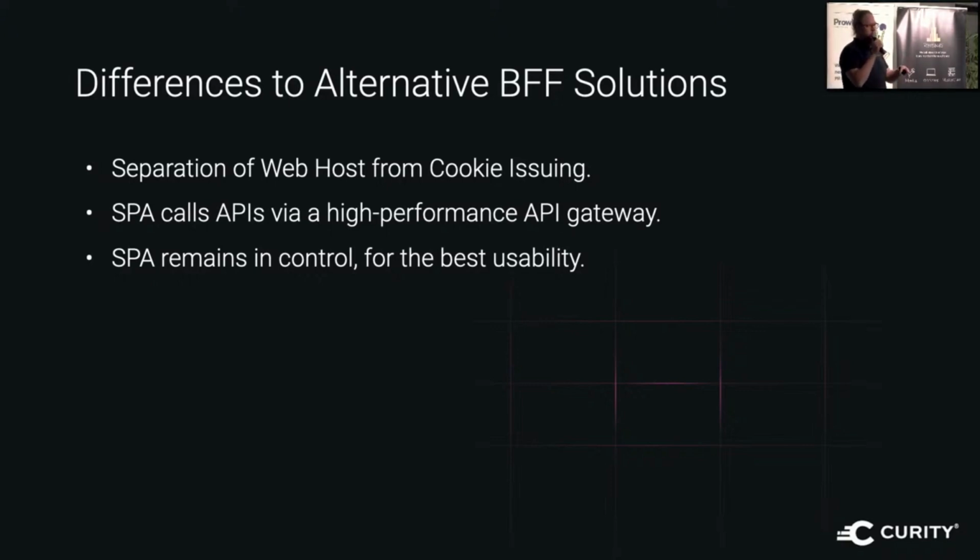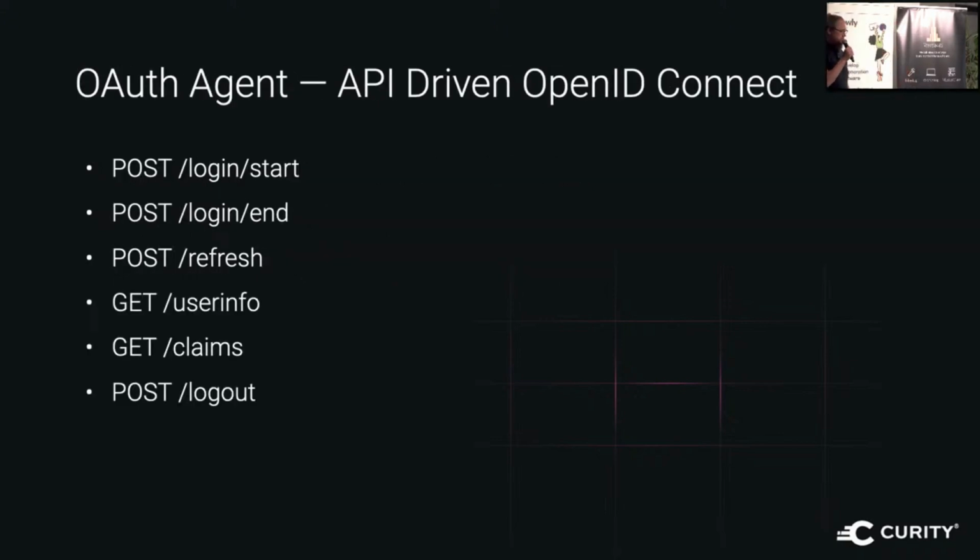So the auth proxy, we think it's best to implement as a plugin for your API gateway. We also wanted to create the API in such a way that the SPA still remains in full control of what happens with the login flow, so that the user isn't redirected suddenly somewhere, but the SPA has full control over when to redirect the user to the authorization server.